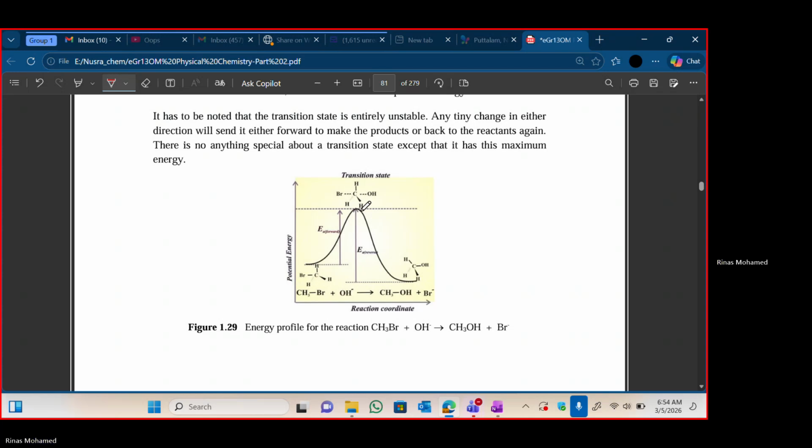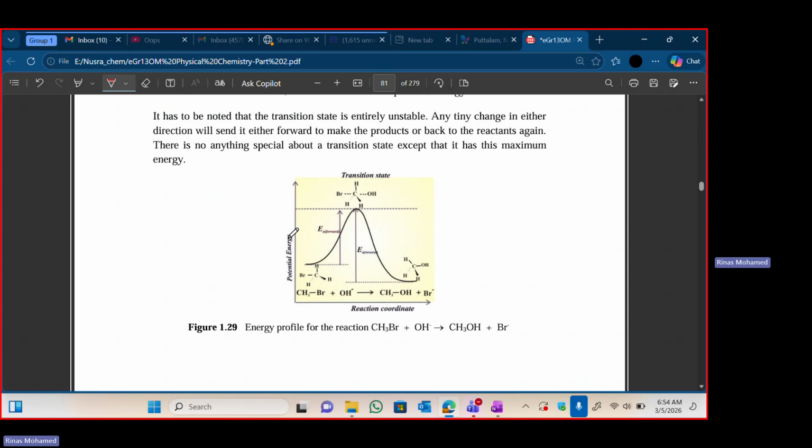Here see, then the transition state is illustrated here. The C-Br bond is broken and the C-OH bond is formed. Carbon-Br bond is broken while carbon-OH bond is formed.